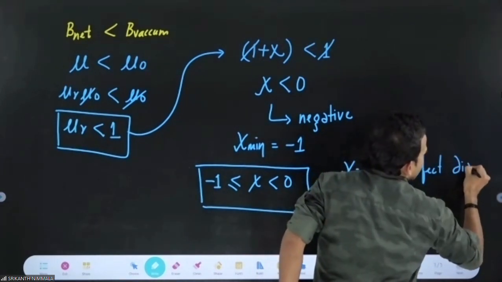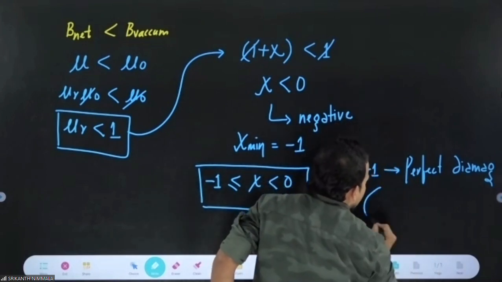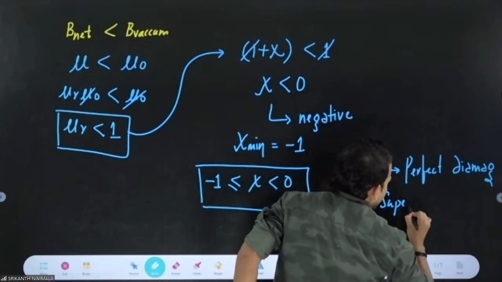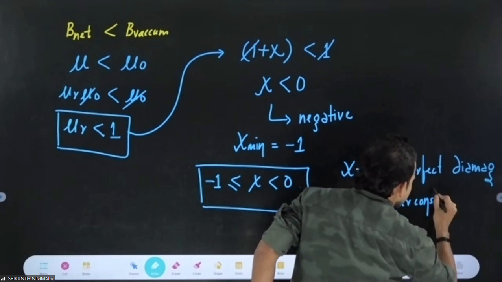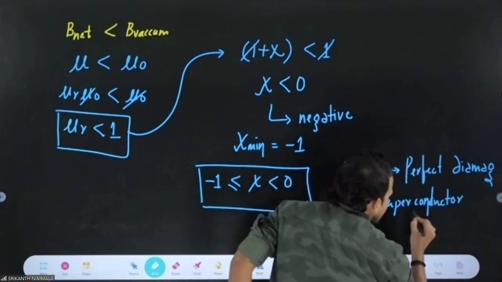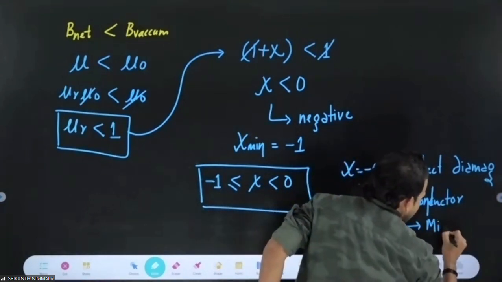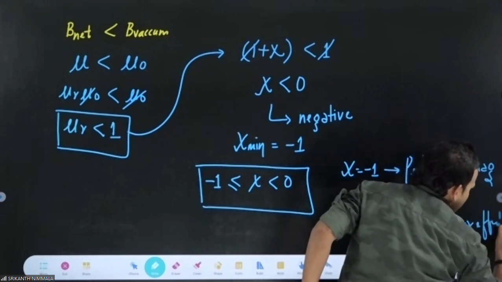An example of perfect diamagnetic is superconductors. This was explained by a scientist whose name was Meissner, so this is also known as Meissner's effect. Just for knowledge, it will not be asked in your NEET.